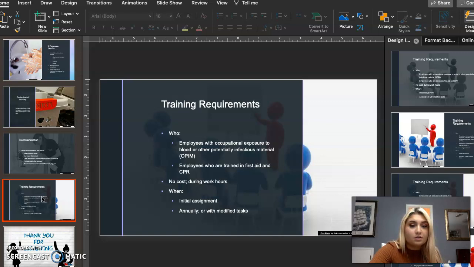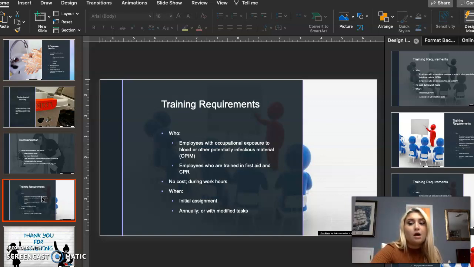There is no cost for training during work hours, and when one should consider training, you should be training annually or with modified tasks. And if it's an initial assignment by your employer, then you should be taking on training.